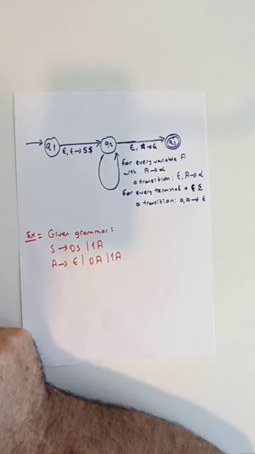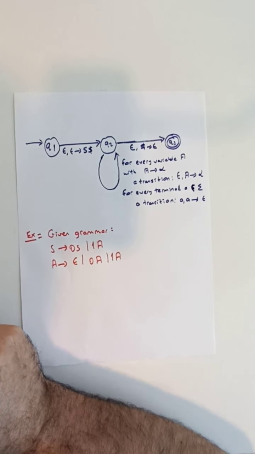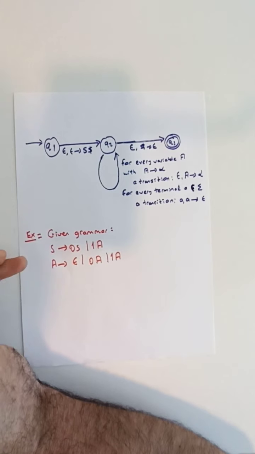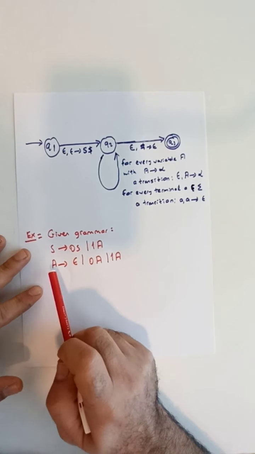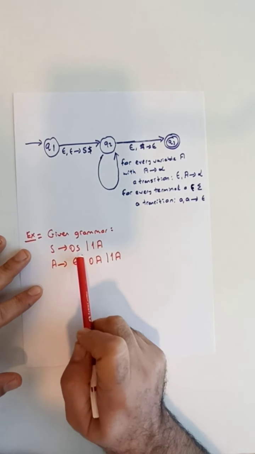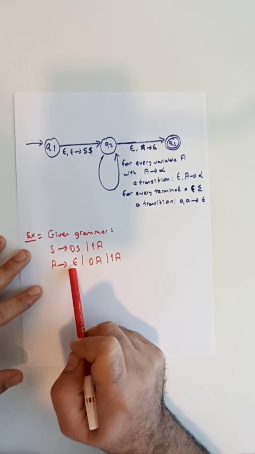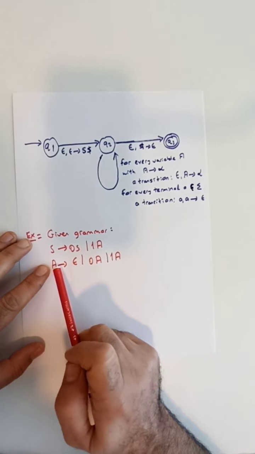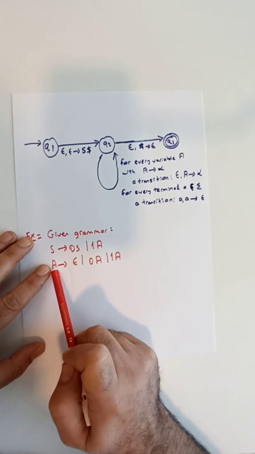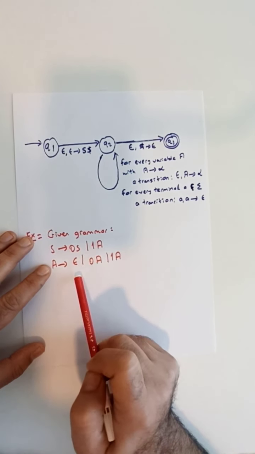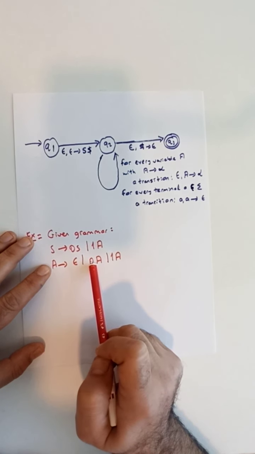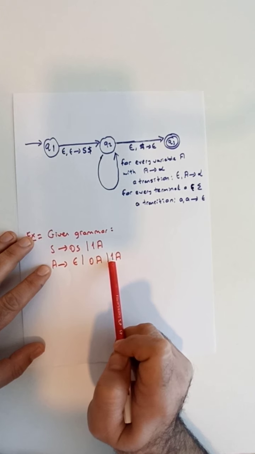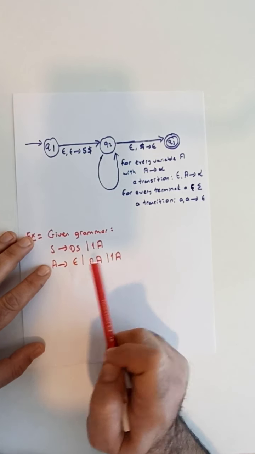Just to remind you what language this grammar recognizes, let's see what it does. Let's take the variable A. Epsilon is the base case. Basically, the empty string is in the language generated by this variable A. And it has two other rules, 0A and 1A. The string may start with 0 and be followed by the variable A itself. It may start with 1 and be followed by the variable itself.